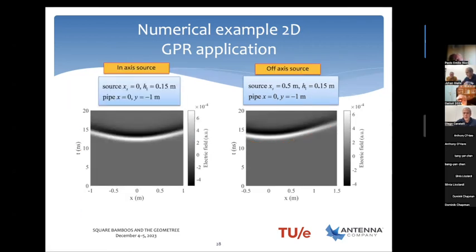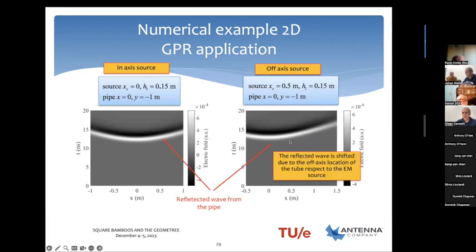By looking at the distribution of the diffracted field over time and space, we can also infer the relative position of the pipe to the electromagnetic source used to illuminate the target, whether the pipe is centered, as shown on the left-hand side, or off-axis, shifted on one side, as shown on the right.